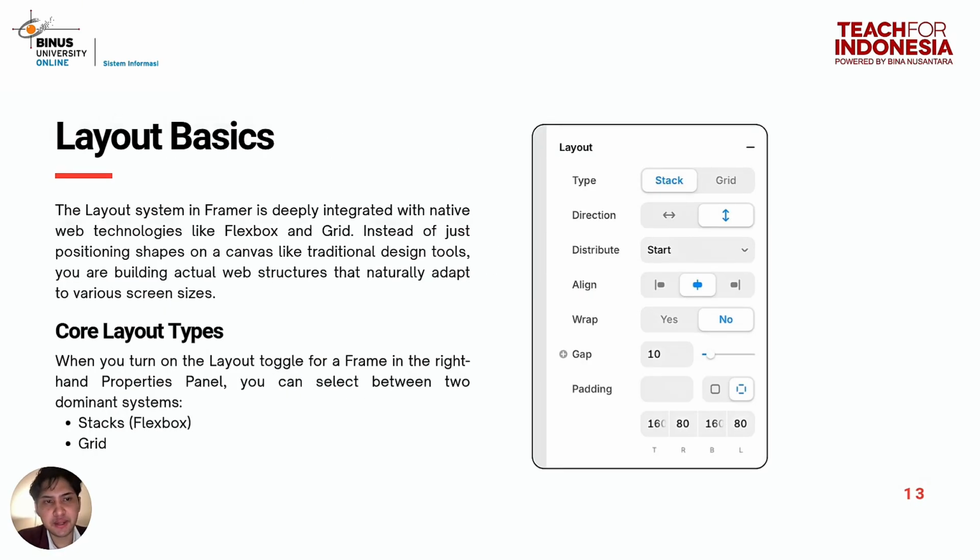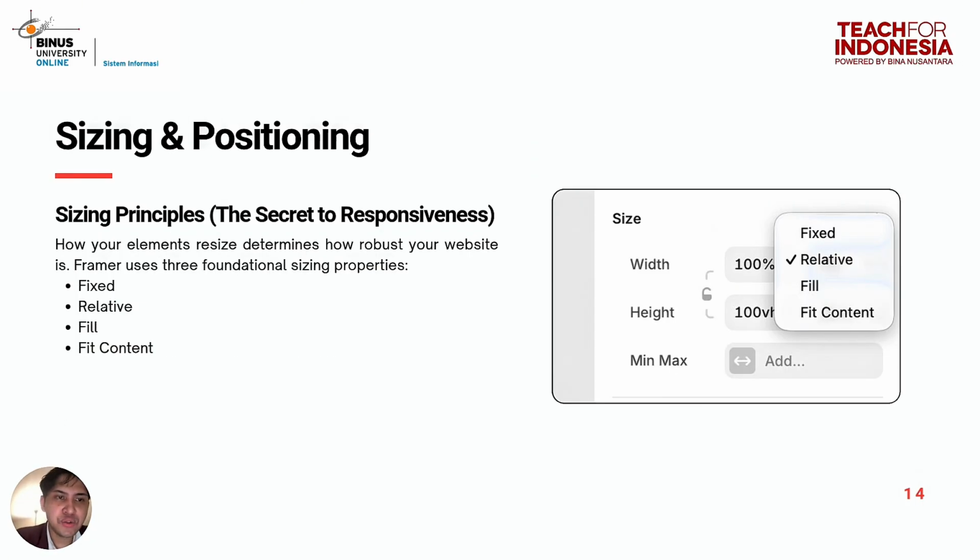Layout systems in Framer are deeply integrated with native web technologies like Flexbox and Grid. Instead of just positioning shapes on a canvas like traditional design tools, you are building actual web structures that naturally adapt to various screen sizes. How your elements size determines how robust your website is.